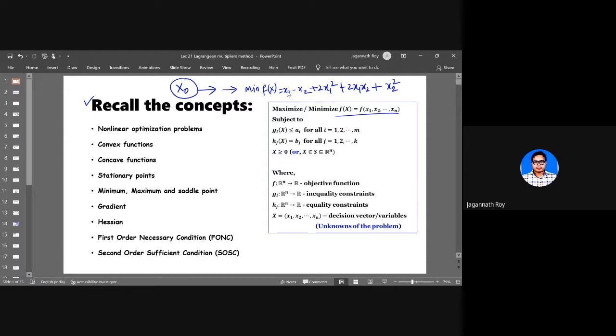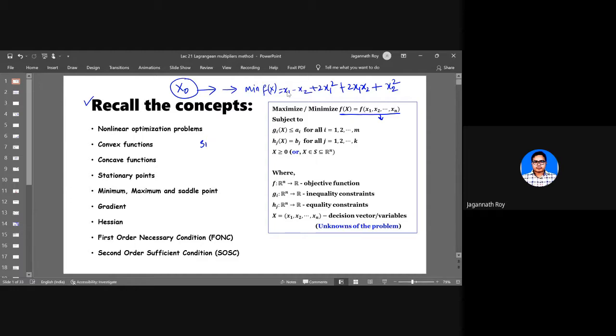Now, what will happen if we have a non-linear function? For the linear case we have seen we can use the simplex algorithm or Karmarkar's algorithm to find the solution.